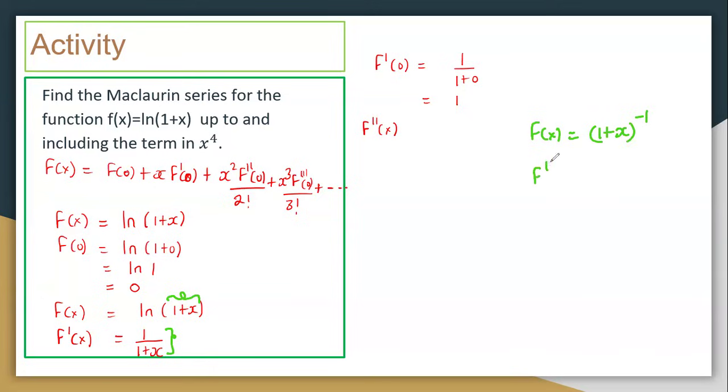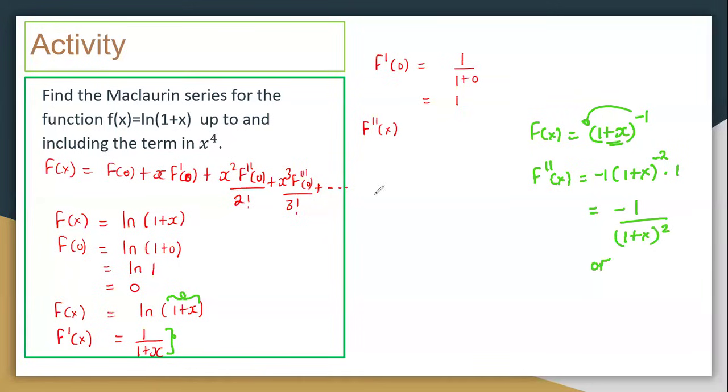Then when I'm differentiating this, I know I can use the chain rule. I drop the power, I'll get negative 1. I reduce the power by 1, I'll get negative 2. Then I multiply times what I have inside, which is 1. So I end up getting negative 1 out of 1 plus x, everything squared.